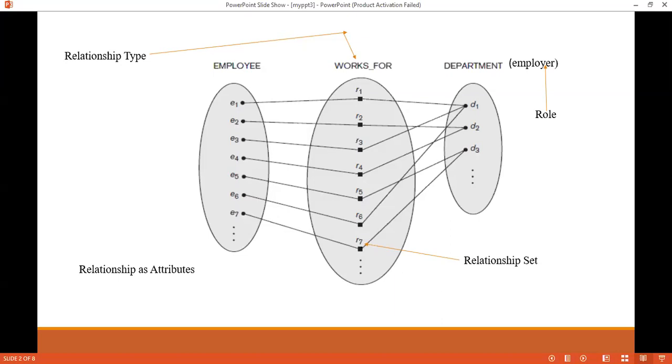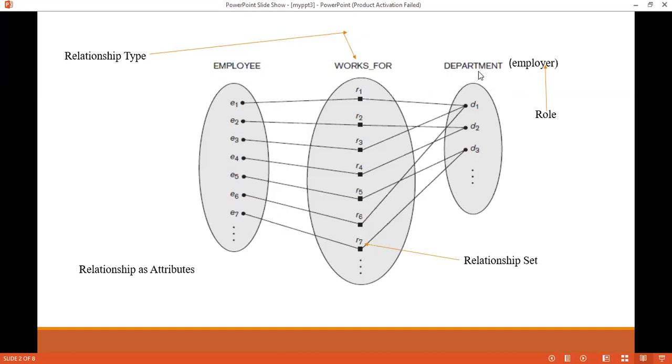Hoping that, I will move further. Now, one more concept that comes into picture is roles or role names. Now here, employee is participating in a works for relationship with department. What is the department playing here? Department is playing the role of employer, whereas employee is playing the role of worker. So here, employer is the role name. What is this department doing with this employee?